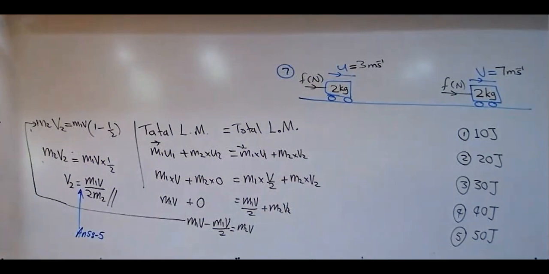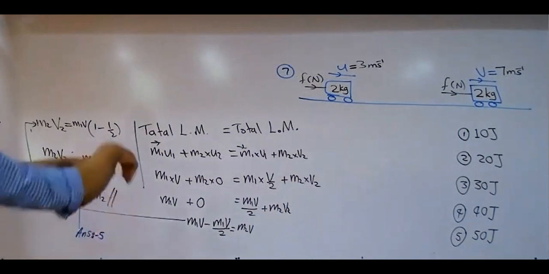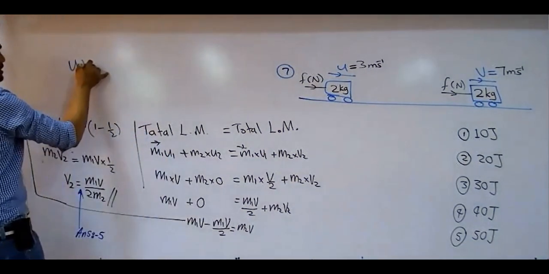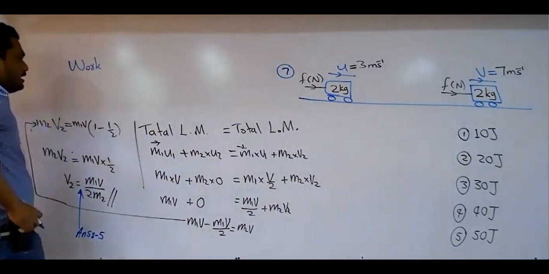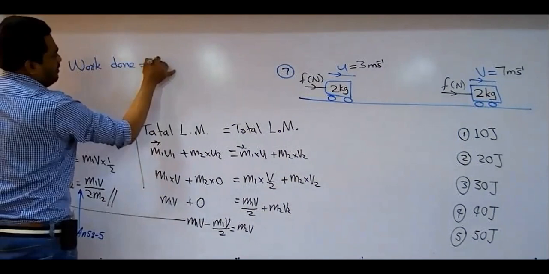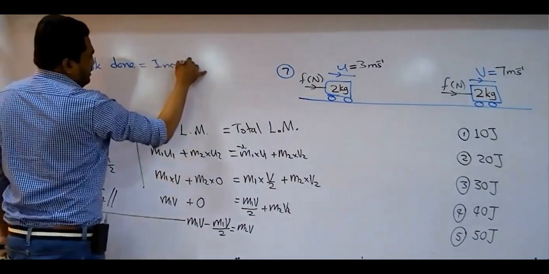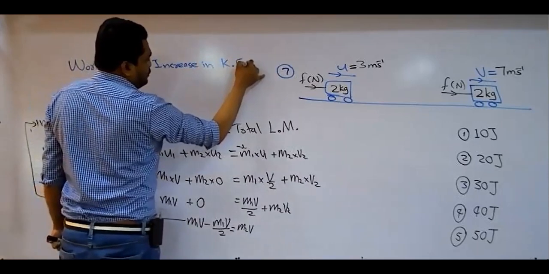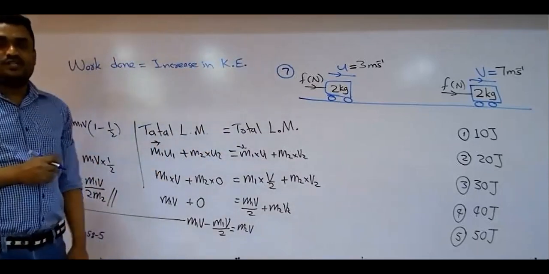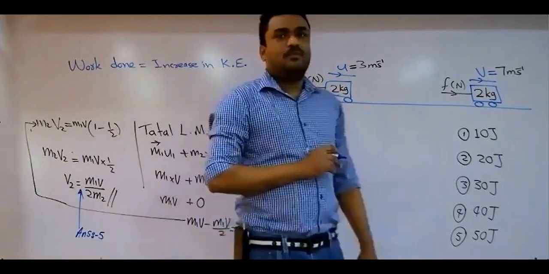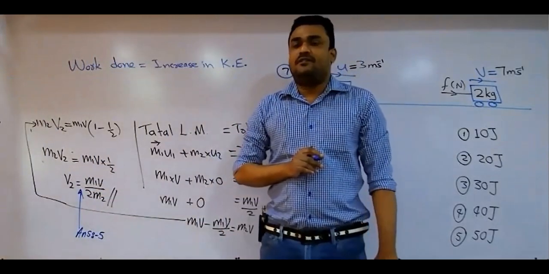So what is the equation needed for this question? It's a simple question. Do you remember this equation? Work done equals the increase in kinetic energy. This is what you want to know from this question. There are 5 equations that can be applied to find work done, for 5 different cases.